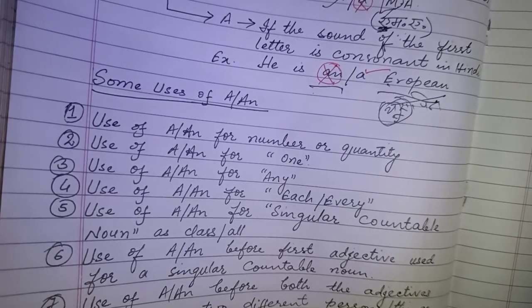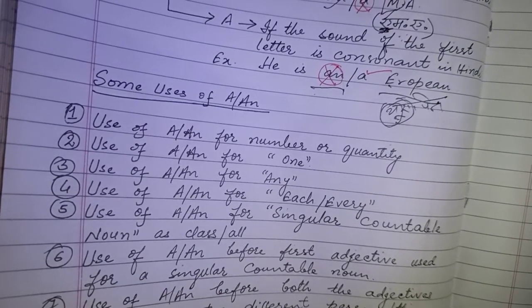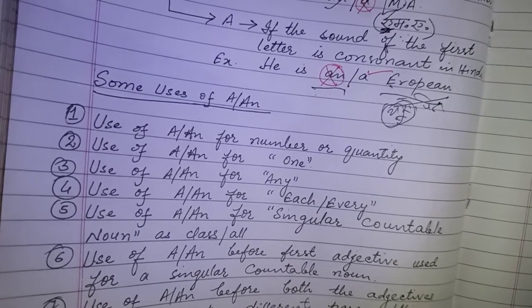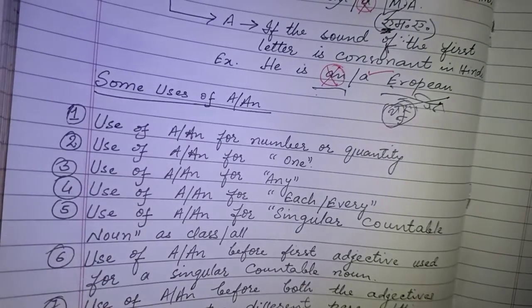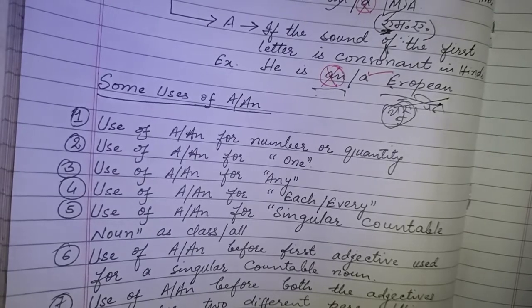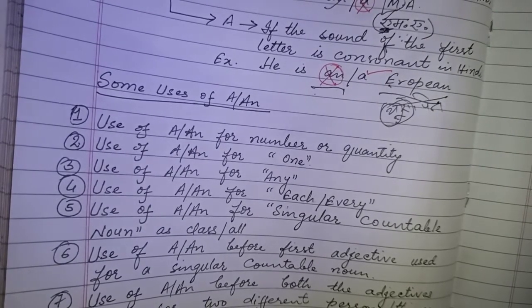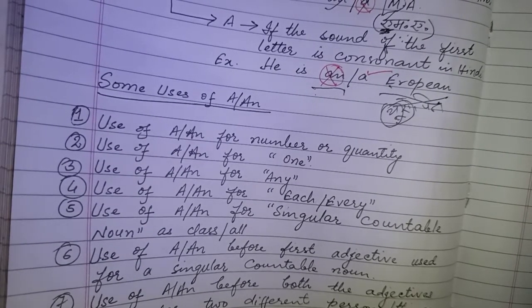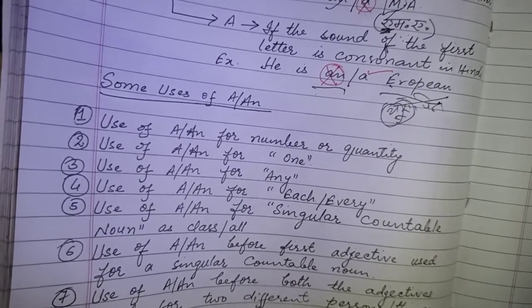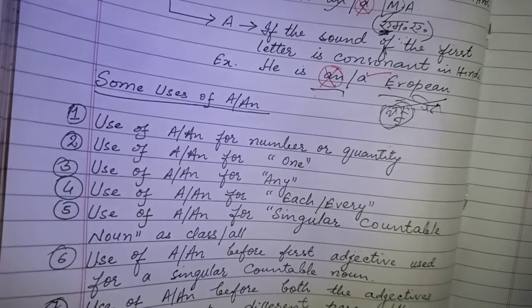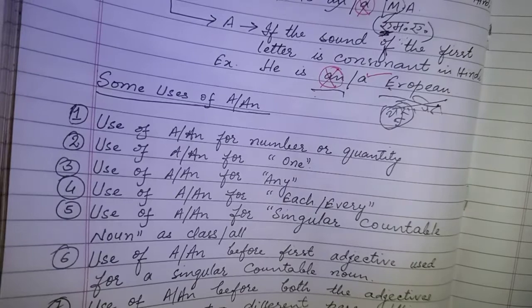It's about all cows. So before a singular countable noun, when you use a or an, you express the whole class.